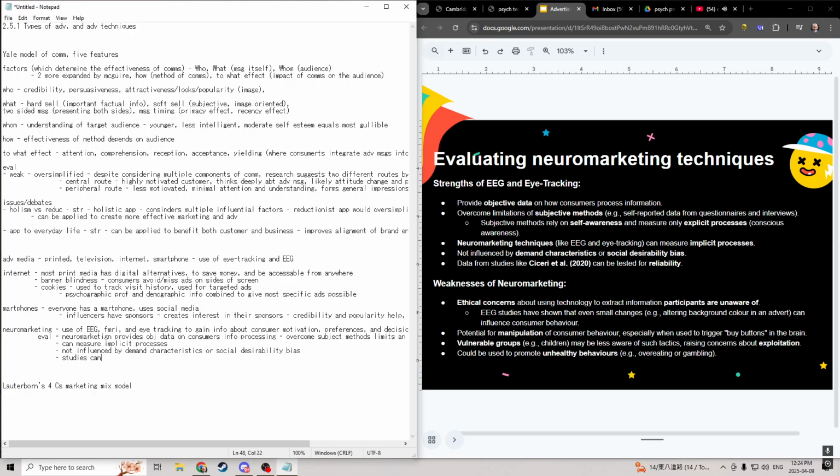So these are all strengths. Let's just say strengths here, actually, it's better. And then we can go down here and say weaknesses. Weaknesses are ethical concerns. Ethics.